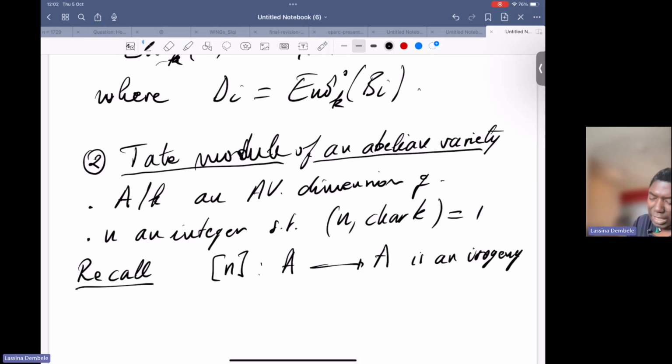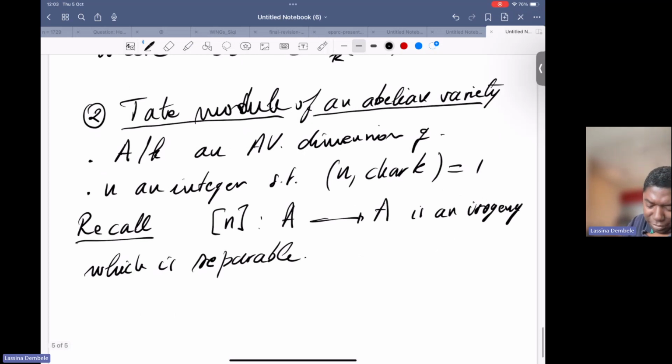Not only is it an isogeny, but it's one that is separable, and of degree n to the 2g. Okay, so we saw this.